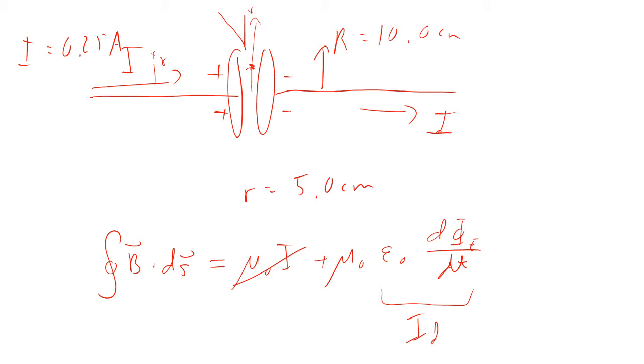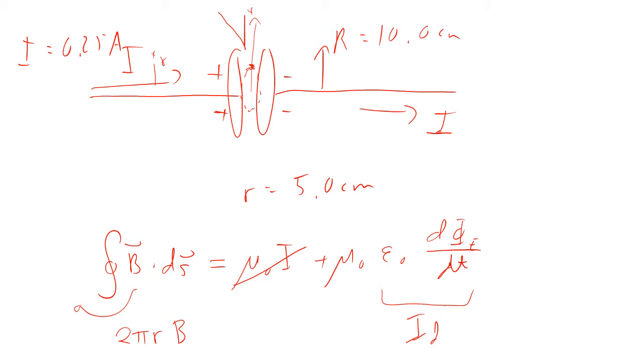If we integrate around an imaginary circle, always the same distance, 5 centimeters out, everything's cylindrically symmetrical, so the B comes out of the integral, and what we have is just 2 pi r times B. We did that integral quite a number of lectures ago.